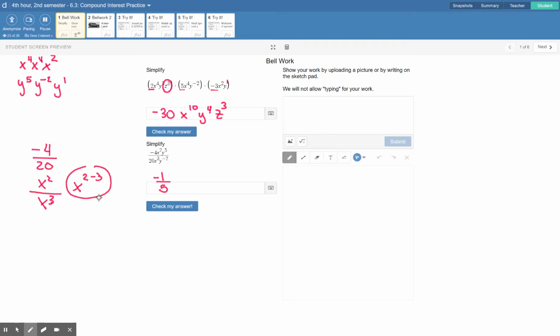So that's really a negative 1 in the exponent, and then we have to move it down to the denominator, so that's why the x gets to the denominator. And then y to the 5th divided by y to the negative 2. We subtract the exponents. Minus a negative is really like adding. So then we have y to the 7th.